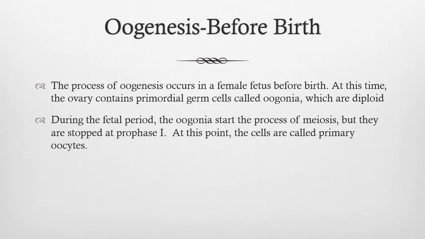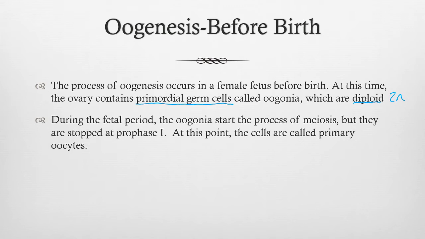And so in the fetus itself, we're going to see those primordial follicles. And so we're going to see those first cells that are there. One of the factors that we have here is that these cells are diploid. So they are a 2N cell. And so they're going to have both complements of chromosomes within them. And so they're going to have 46 chromosomes at that point.